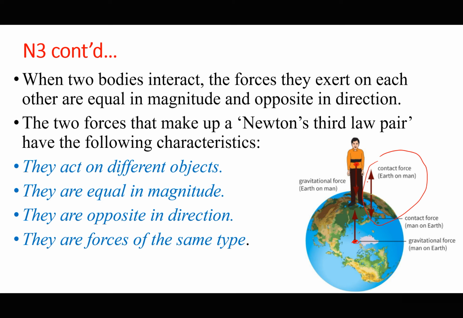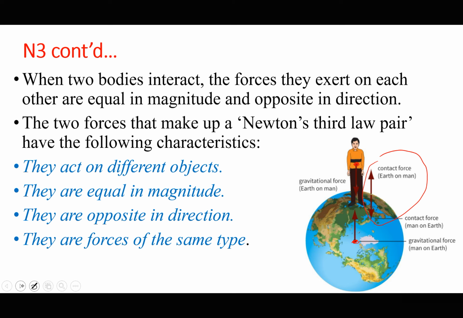But when I say the gravitational force, that is the weight of the man on the Earth and the weight of the Earth on the man, those two forces are of the same type. They are both gravitational. There's a pull of gravity on the man caused by the Earth, and according to Newton's third law, there will be a pull of gravity on the Earth caused by the man's mass. Those two are of the same type, so they constitute a Newton's third law pair.